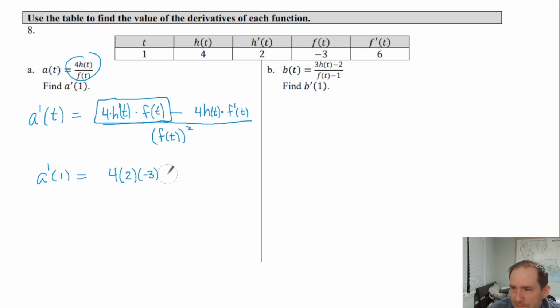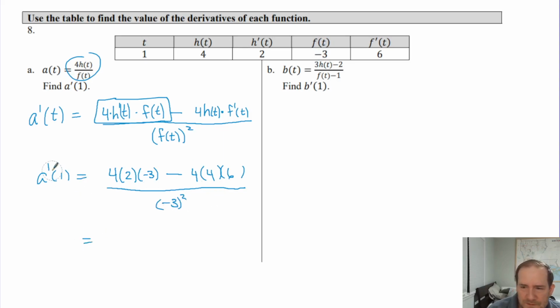Okay, minus. Again, I've got a 4, and then a thing, and then a thing. And the two things are h of 1, which is 4, and f prime of 1, which is 6. And in the denominator, we've got f of t, so the negative 3 squared. And so there's our value of a prime of 1.